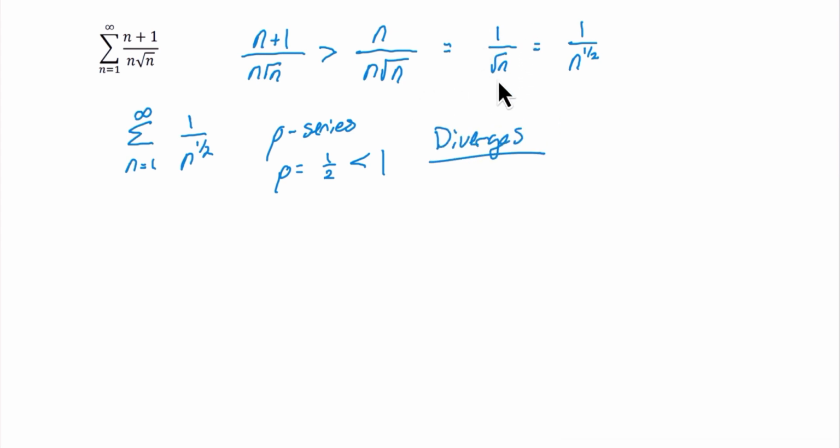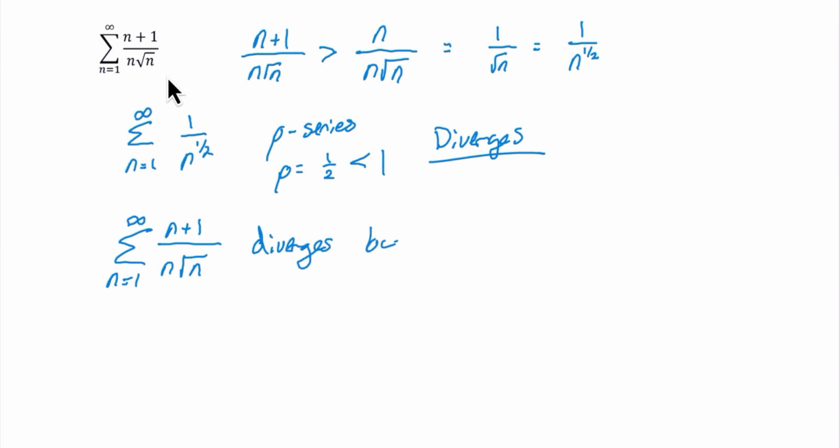So we have a divergent p-series which is smaller than the original series here. If the smaller series diverges, then the bigger, the original, must also diverge. So we have the sum from n equals 1 to infinity, n plus 1 divided by n root n diverges, again by the direct comparison test.